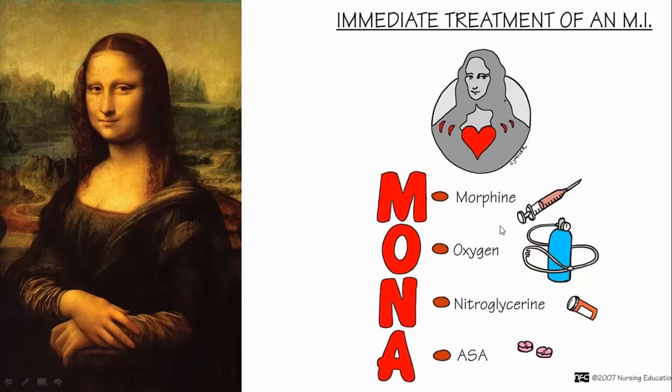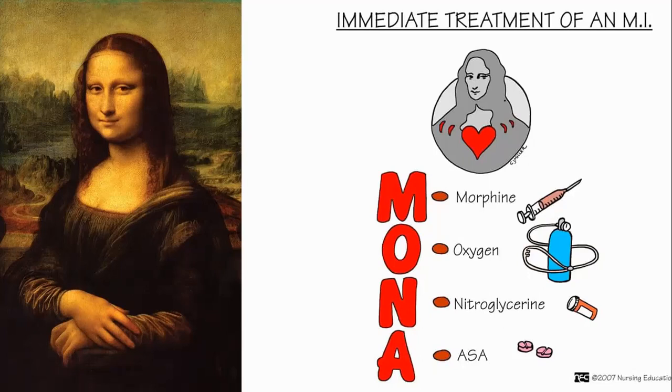Like morphine, or we have to give oxygen and also an analgesic like aspirin. And other medications: we give a beta blocker for high blood pressure, or we can give thrombolytic or antiplatelet medication or anticoagulant.